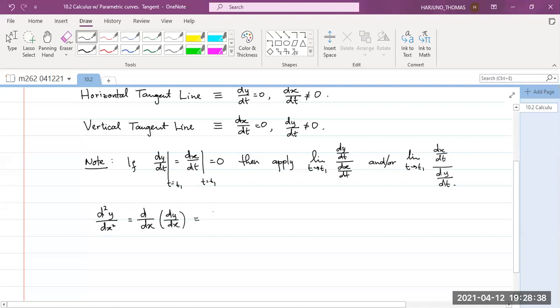But by chain rule, this is the derivative of dy dx with respect to t times dt dx, which basically means the derivative of dy dx with respect to t divided by dx dt. Okay, so that's the second note.